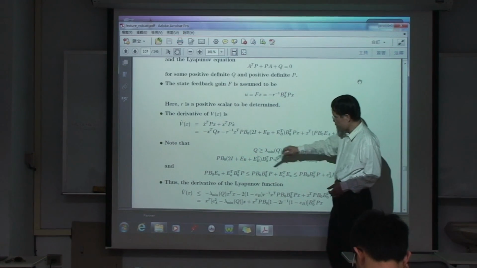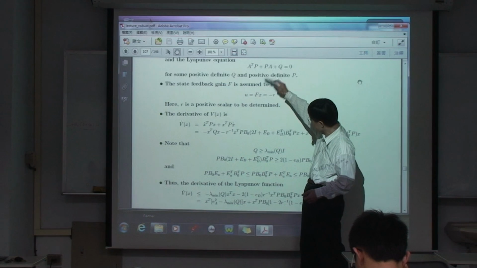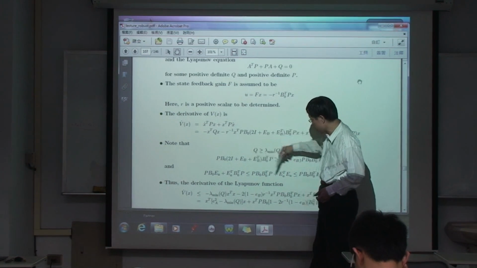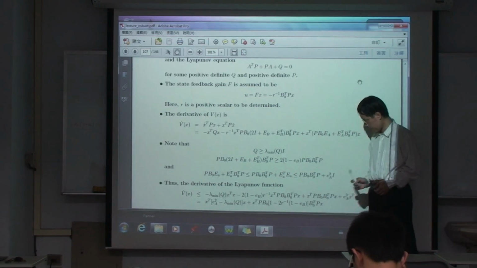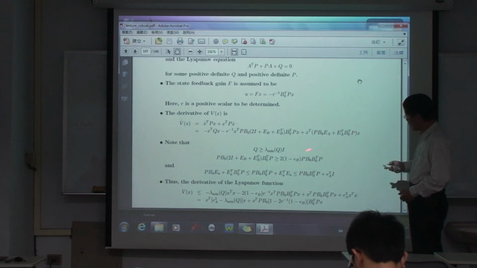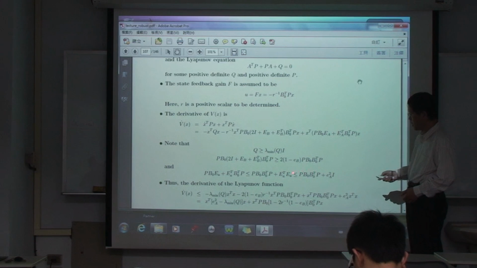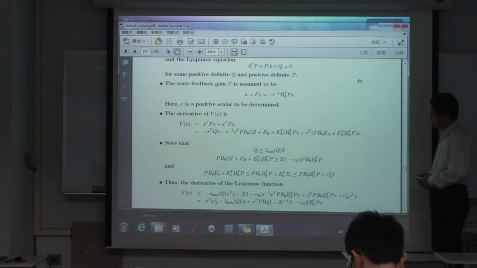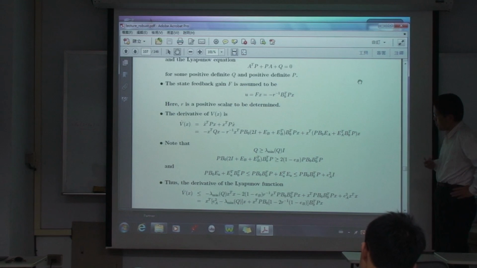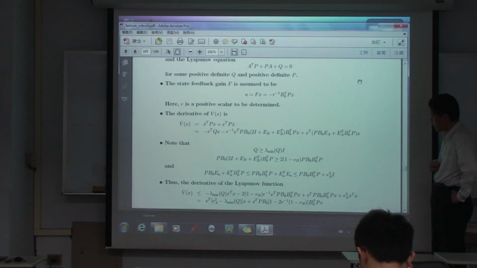If you look at this term, and assume that the norm of EV, let's say small EV, then I could have this kind of expression. And for this term, I would have this kind of result. That means this is a completion of squares, and then I could adopt this condition. The derivations are straightforward, but you can definitely go over them.